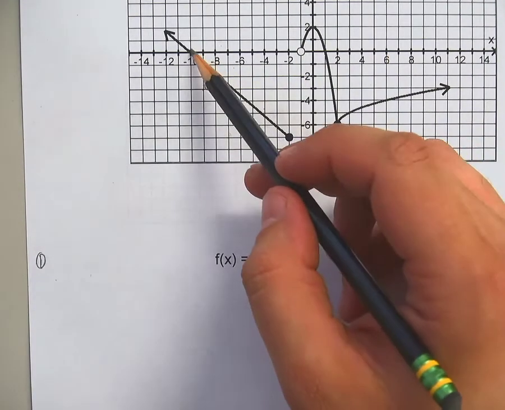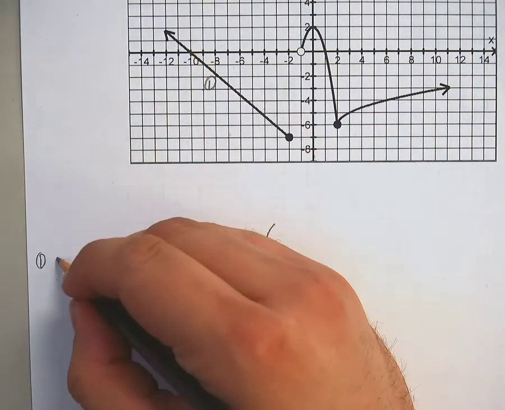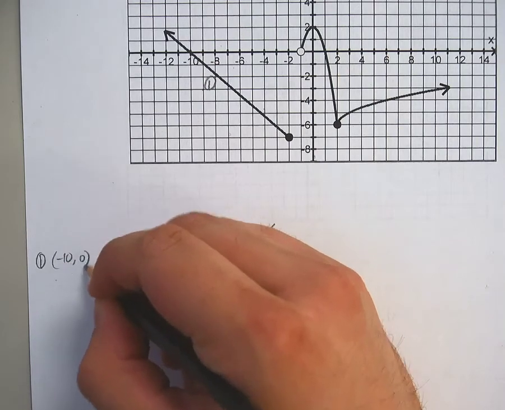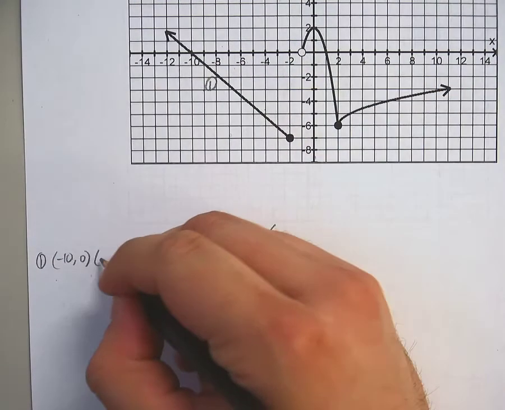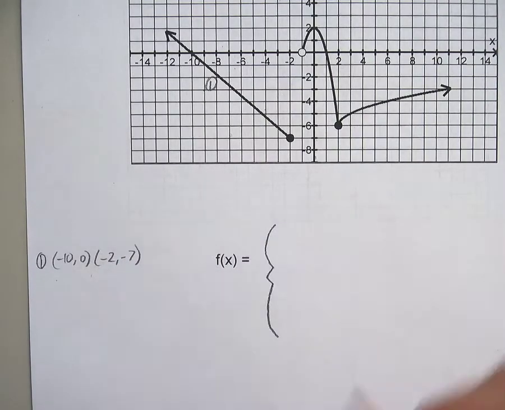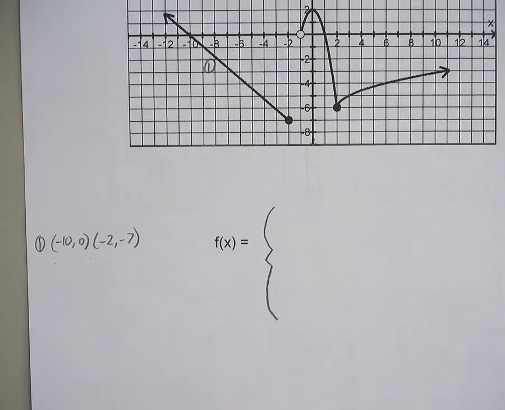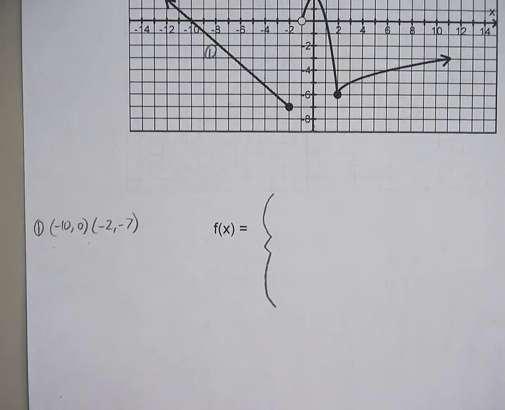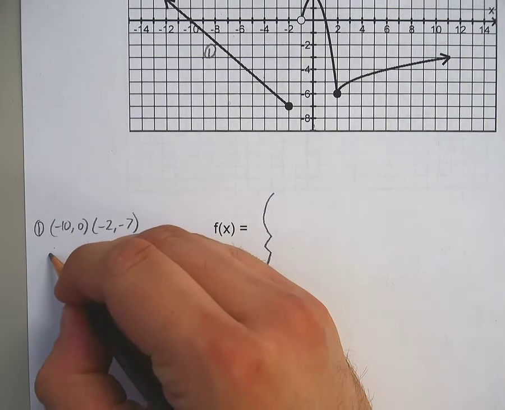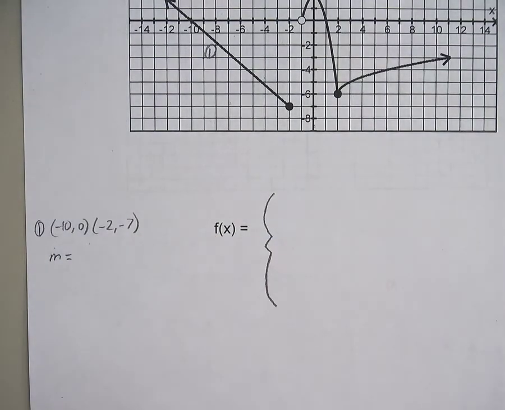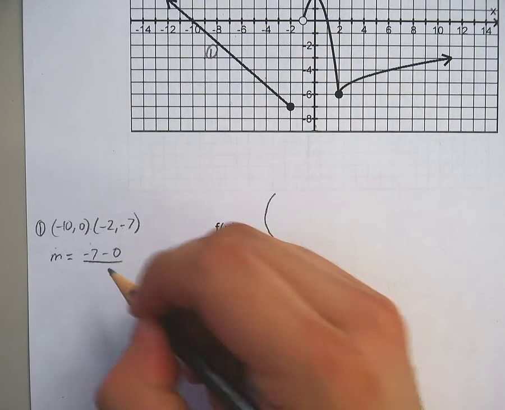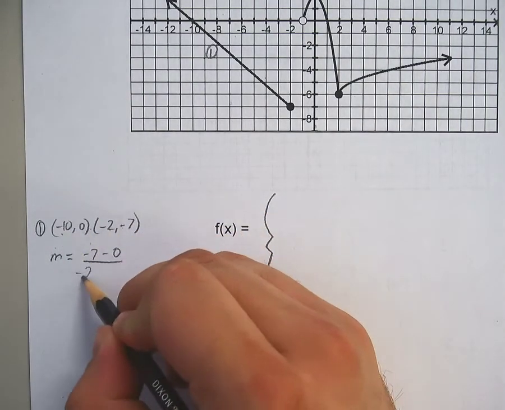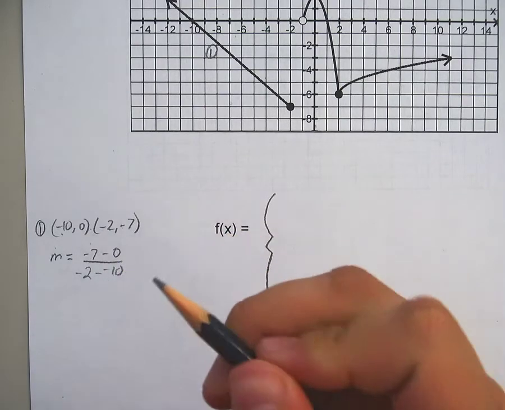I'm going to find 2 points like -10, 0. And their ending point is a good one, -2, -7. And I'm going to find the equation of the line there. So your slope is y2 minus y1, -7 minus 0 over x2 minus x1, -2 minus -10.